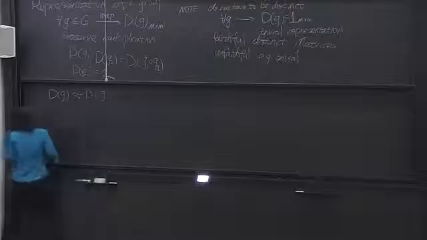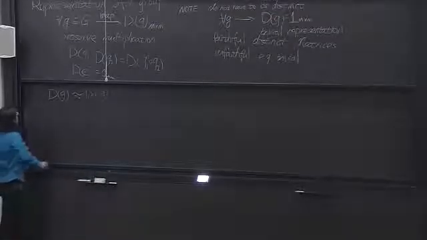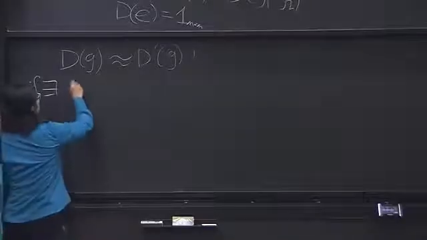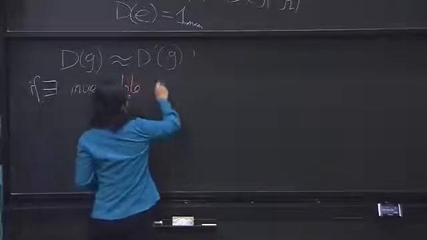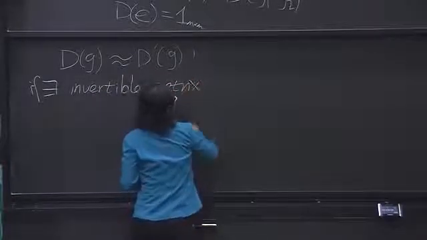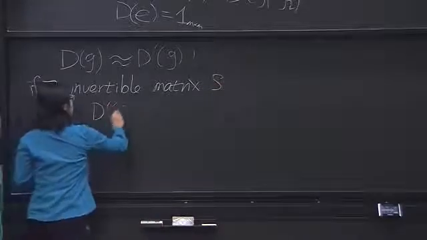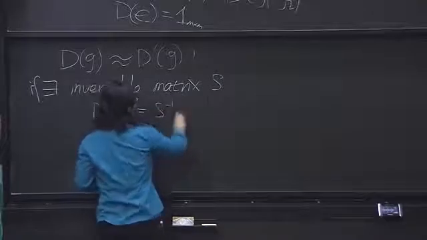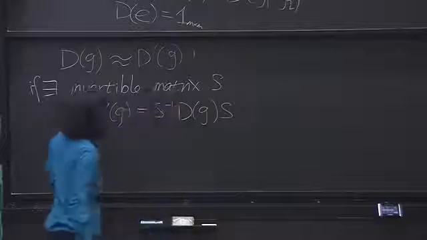Now we introduce the idea of equivalence: if there exists an invertible matrix S, which is basically the coordinate transformation, then this representation is nothing but the similarity transformation of the first representation.